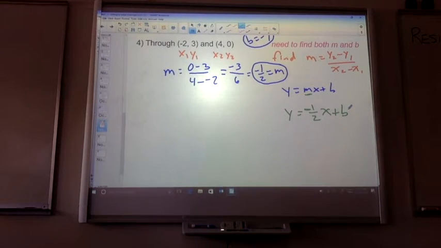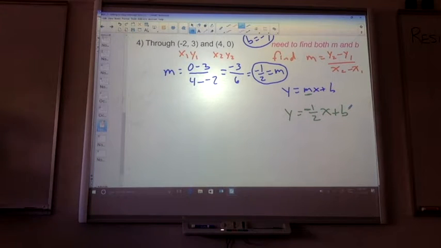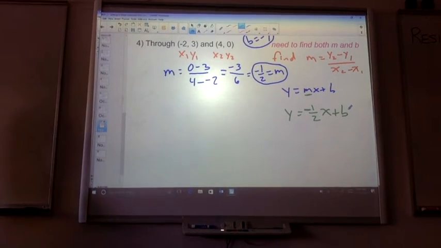Thoughts? Yeah. I think plug the y value in for the y and then the -2 in for the x. Okay. What about the 4 and the 0? That's a good thought. Hang on.